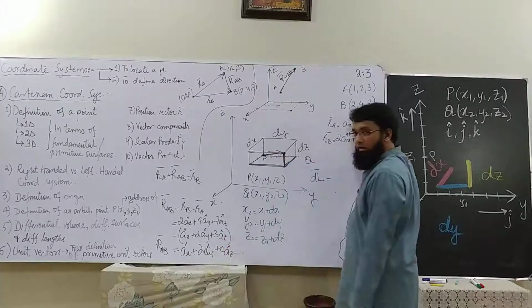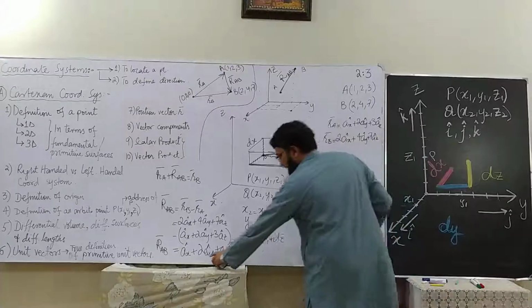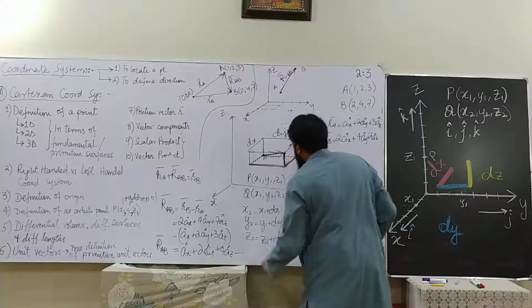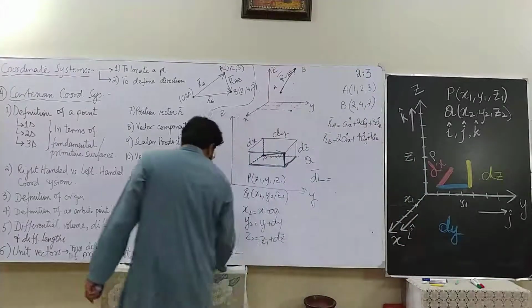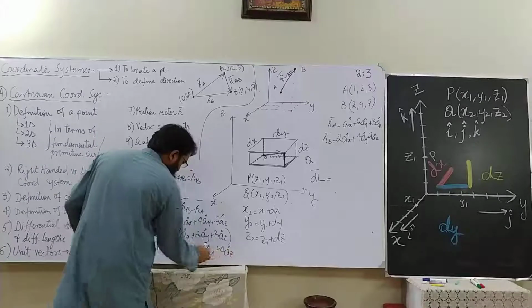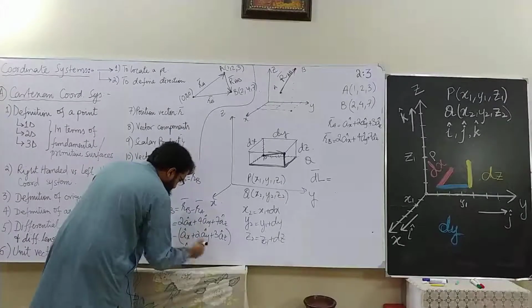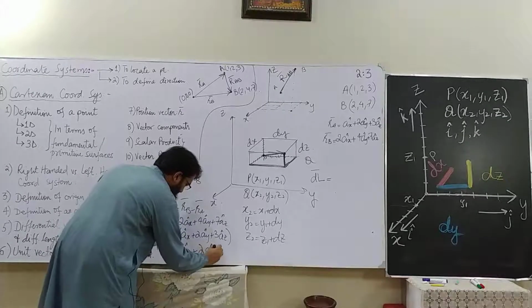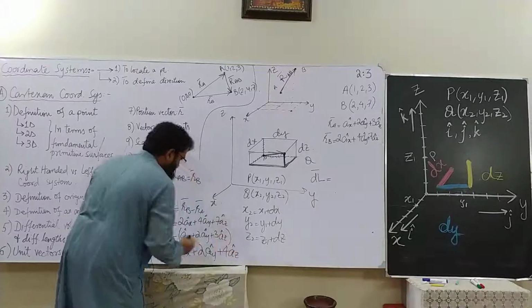Then 4 minus 2 is 2, so we have 2, multiplied by AY. Then 7 minus 3 is 4. We put 4 here and multiplied that by the unit vector AZ. So 2AY plus 4AZ. This is how we got it.